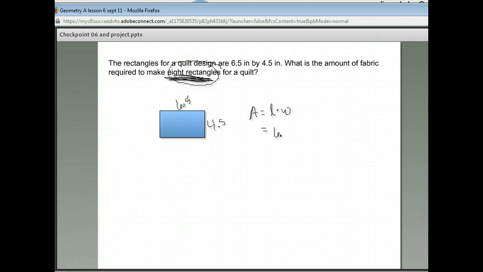So we're going to start by finding the area of just one of these rectangles. What do we get for the area of one of them? Good, 29.25. So this is for one rectangle. So what do we do now to get 8 rectangles?